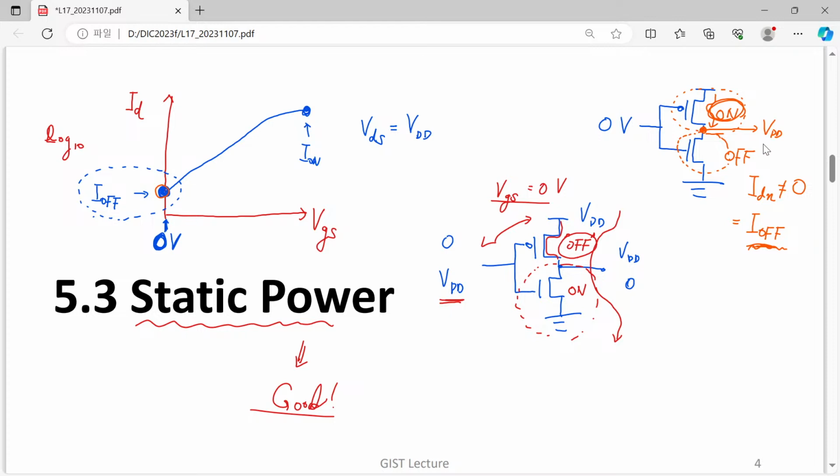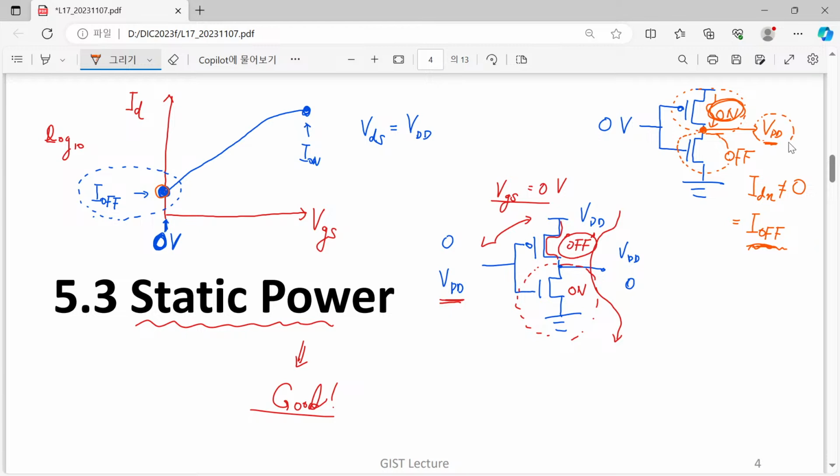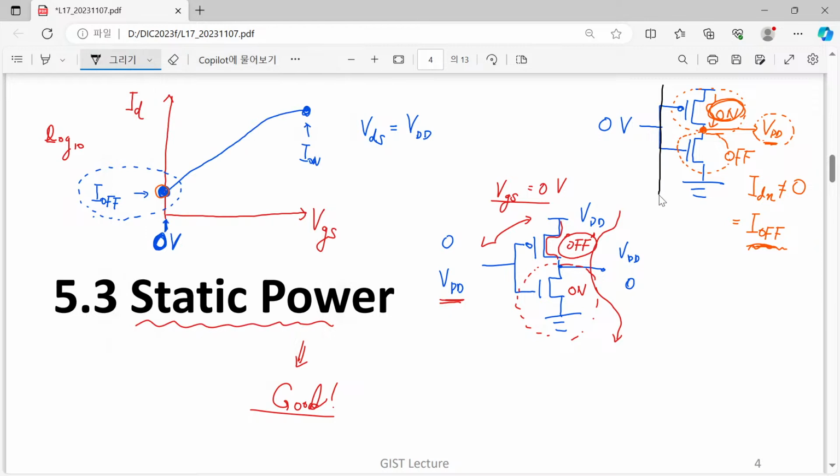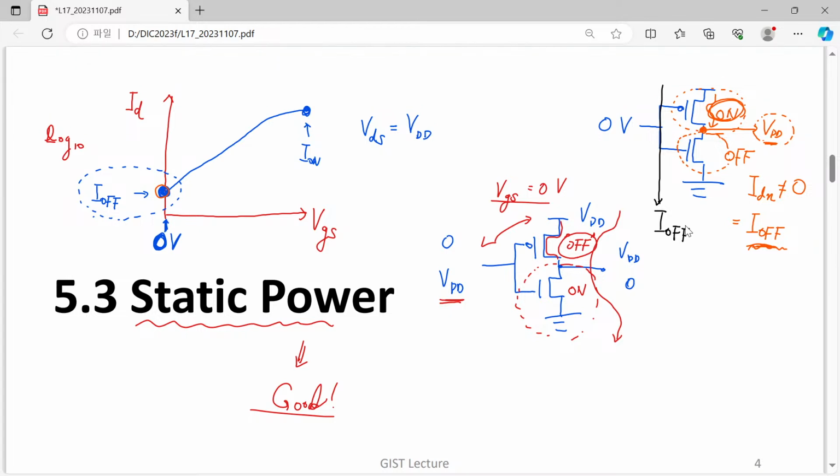So a very small deviation from the perfect VDD will allow this small current conduction. Still we can treat it as very good VDD, strong VDD. However, the overall current will be just determined by what? Determined by the off current of our serially connected transistors.